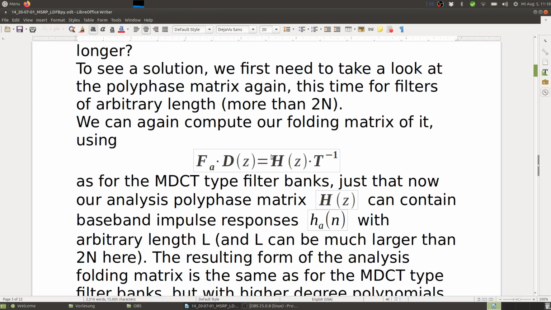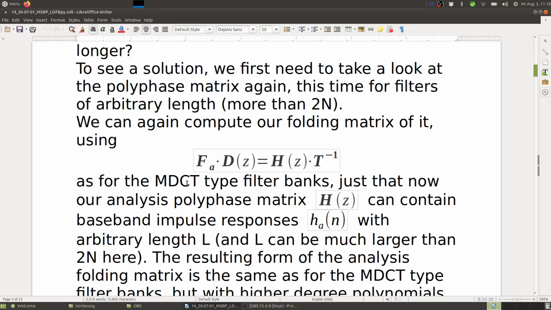So we can just make some filter with longer filter length, put it into this matrix H, and then multiply it with the inverse DCT4 matrix. And out comes this folding matrix, which has this diamond shape and now longer filters.